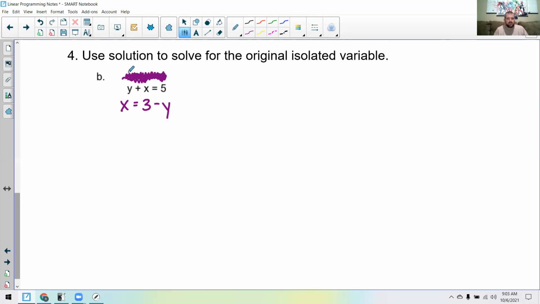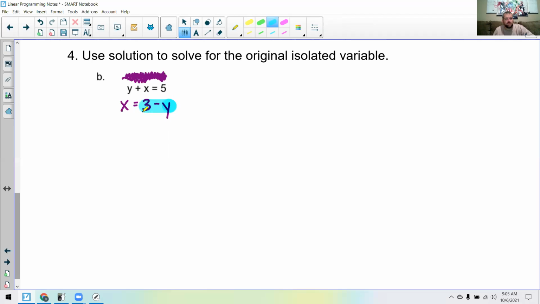We have y plus x equals 5 and x equals 3 minus y. So just like before, x is isolated. x equals 3 minus y.